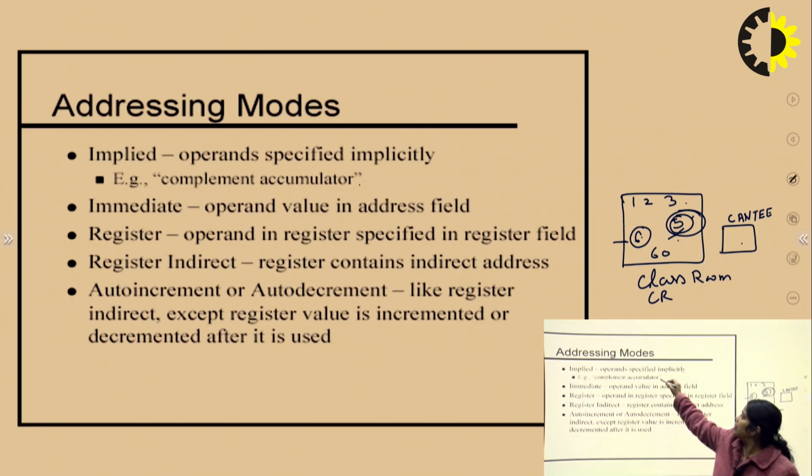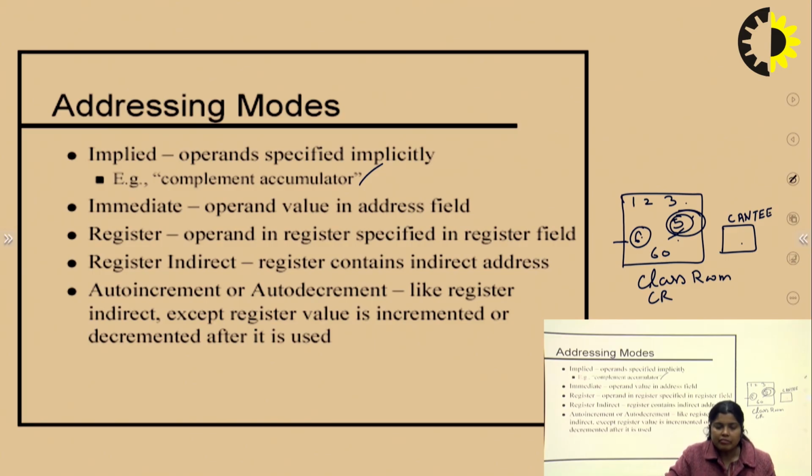Take an example: if I say just write down the C program, everyone has already studied C programming in the first year classes. If I say C equal to A plus B, just write down the C program, you are not going to search for anything, and you are not searching your mobile or any resources.